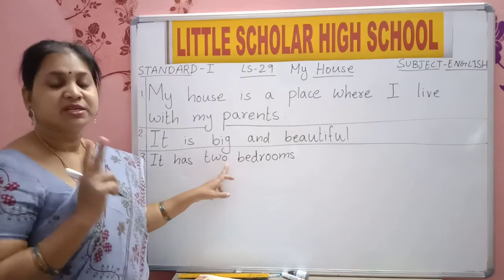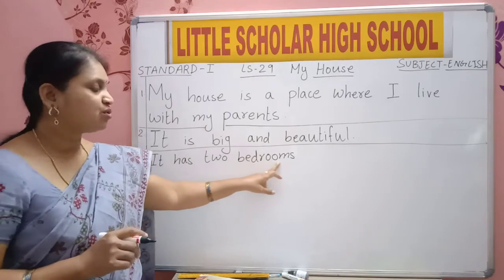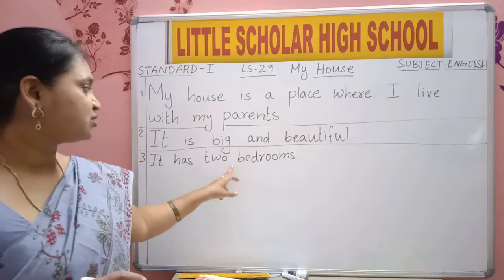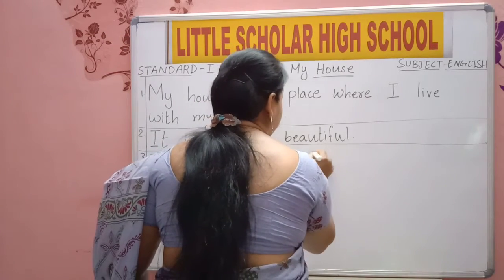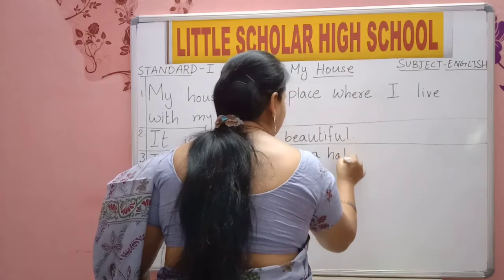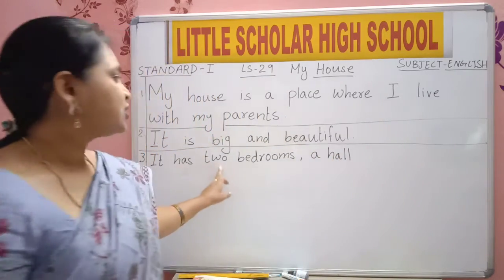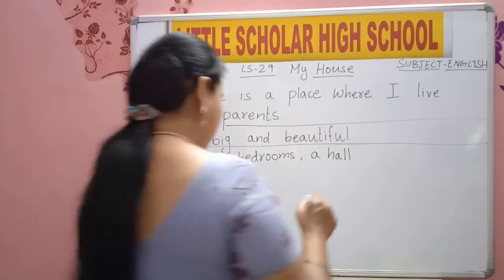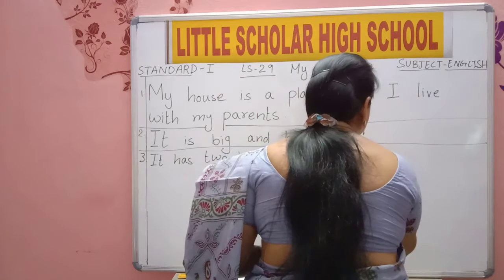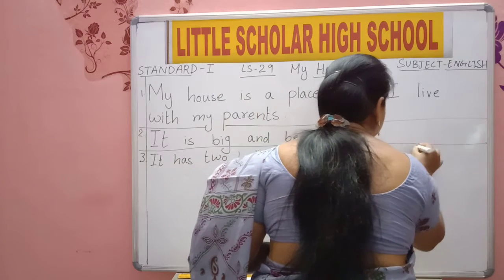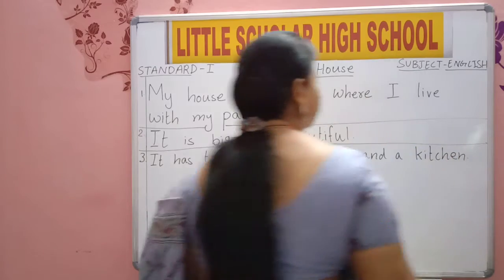Two, bed, rooms. It has 2 bedrooms. Hall, H-A-L-L. It has 2 bedrooms, a hall and a kitchen. A-N-D, and. A, K-I-T-C-H-E-N, kitchen.